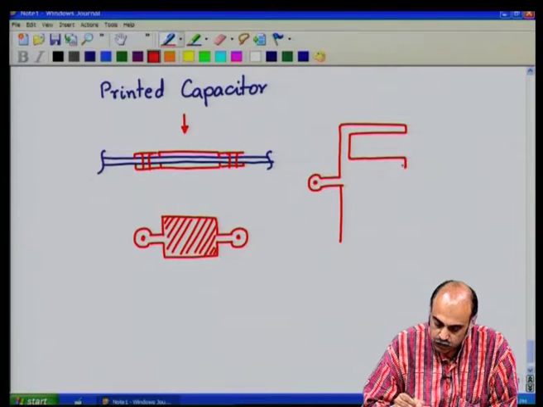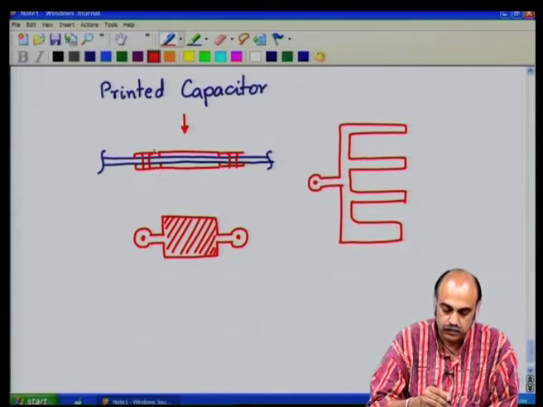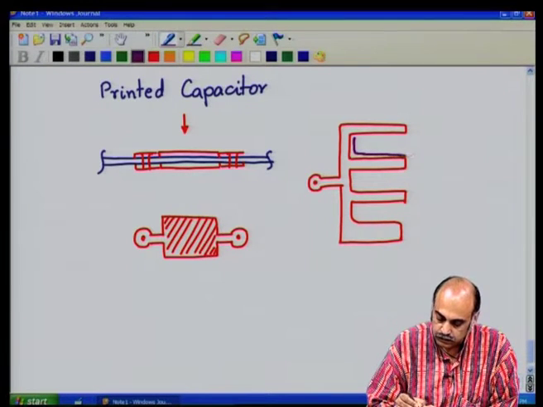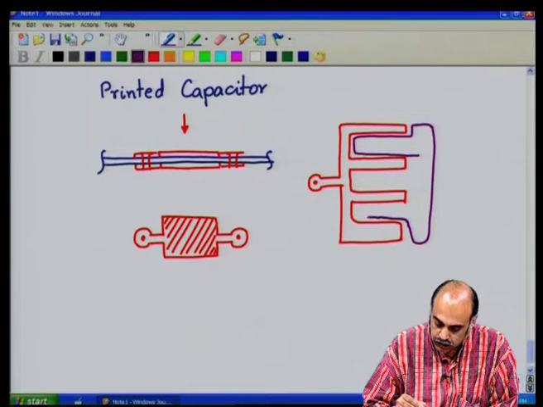It is shaped like a comb, and two combs within each other form quite a good capacitance.